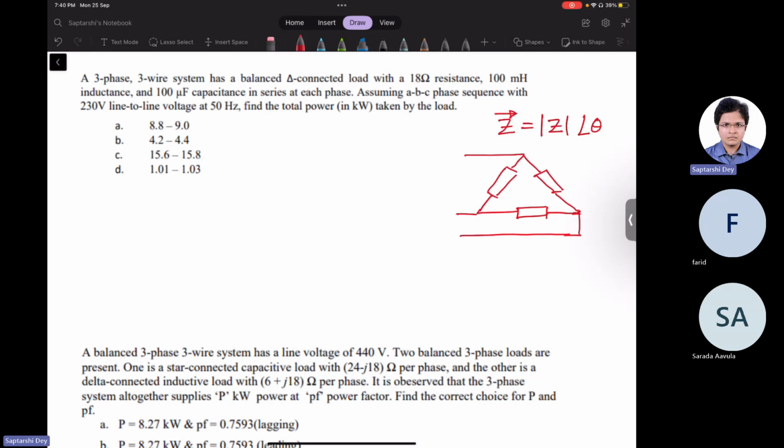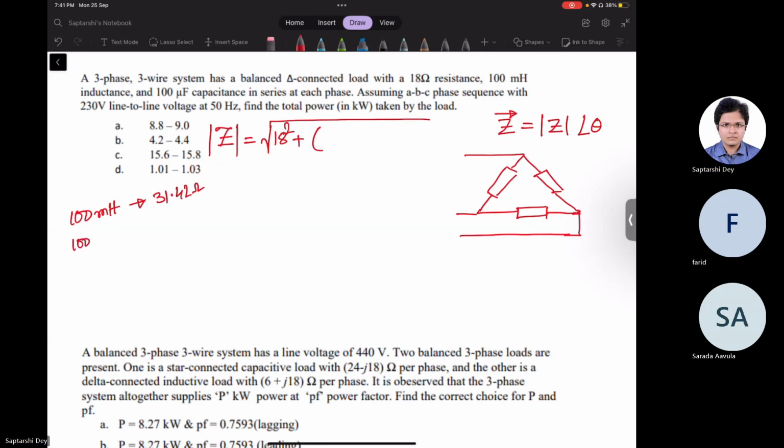So first we can find the Z magnitude. Z magnitude will be the square root of 18 squared plus the reactance squared. 100 millihenry at 50 hertz gives 100 times 10 to the minus 3 into omega, so 100 pi times 10 to the minus 3, which is 31.42 ohm.